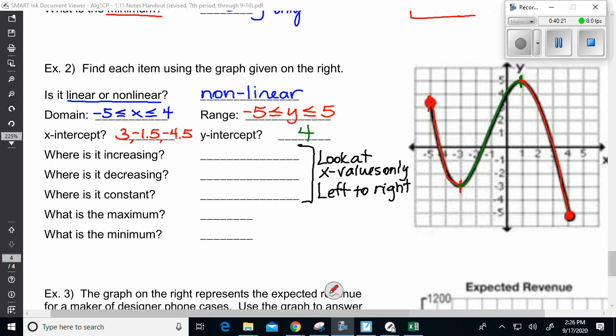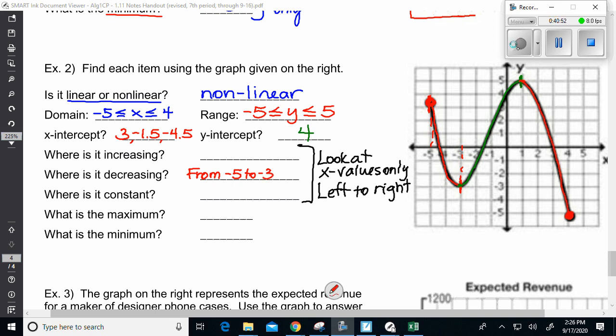So again, look at x values only. So the first part is x negative 5 to x equals negative 3. So the first part is from negative 5 to negative 3.